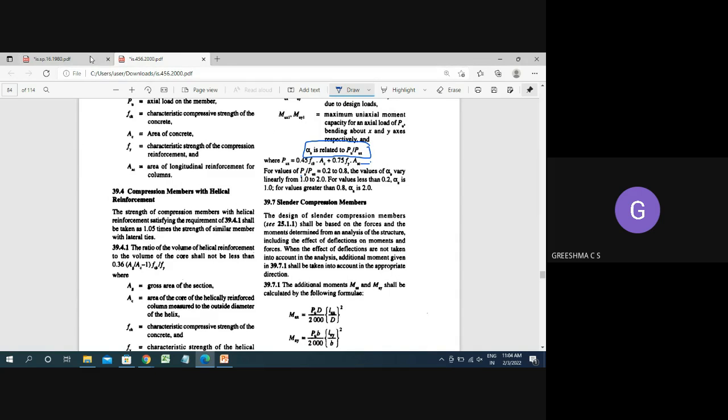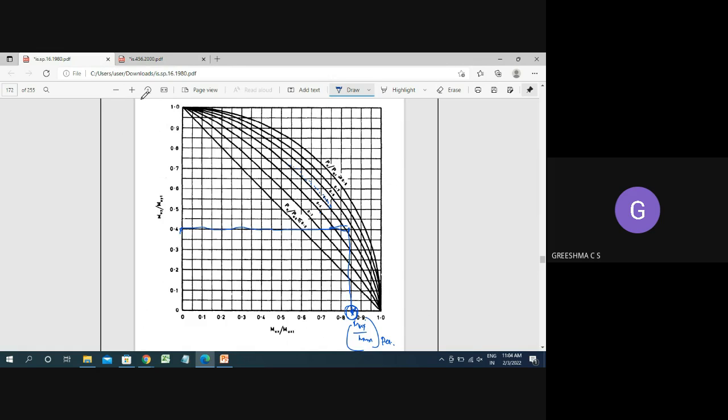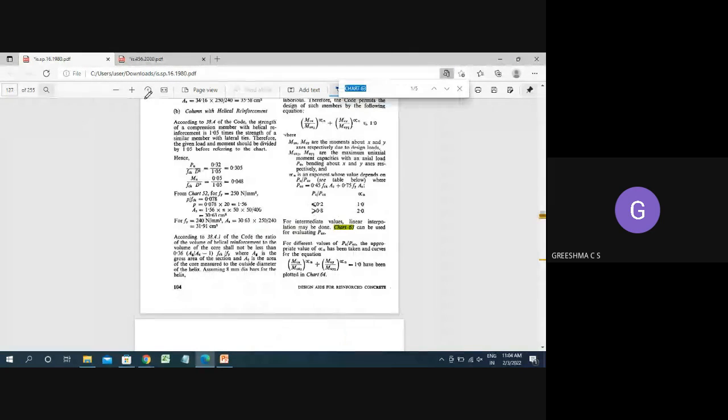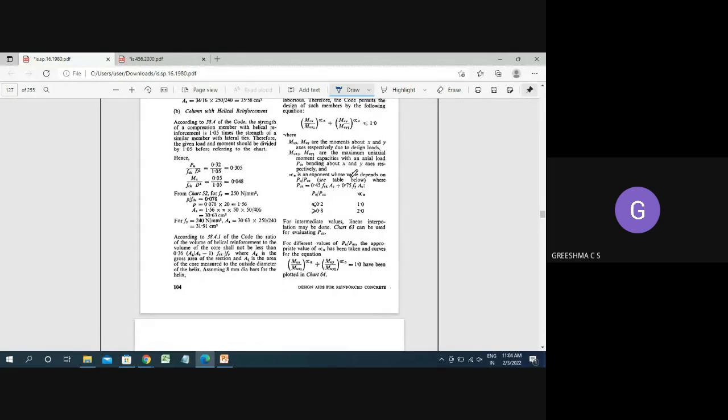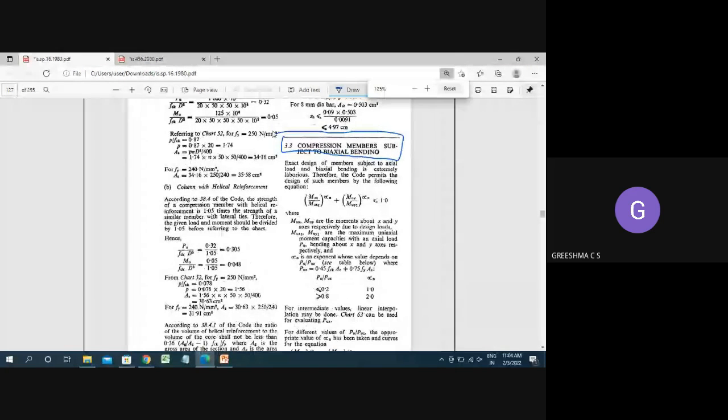This is also available on page number 104, clause 33.3, member subjected to biaxial bending.